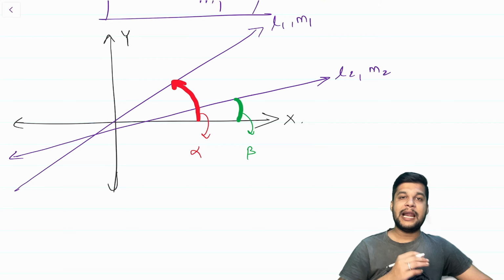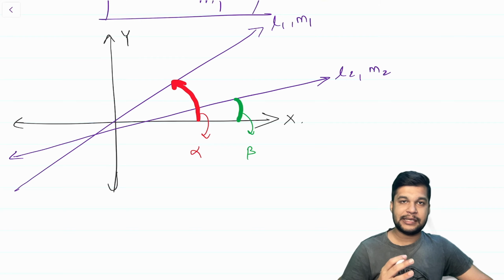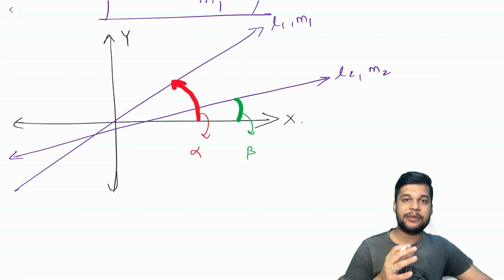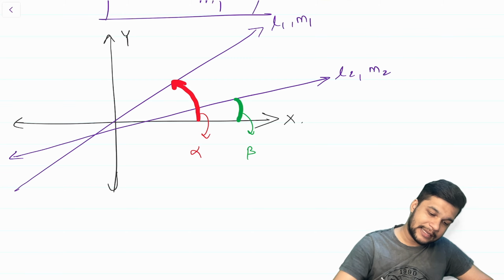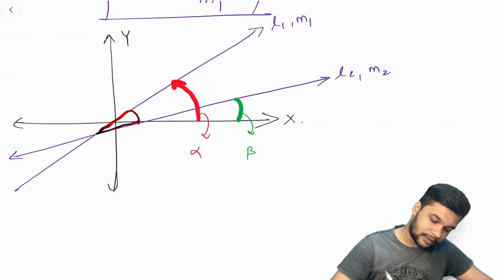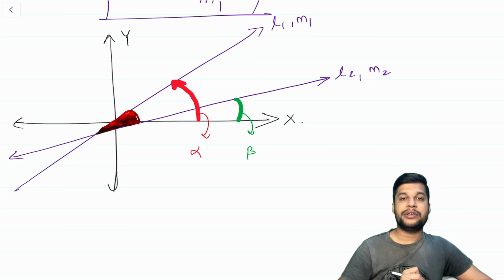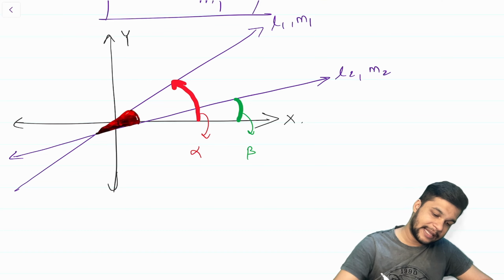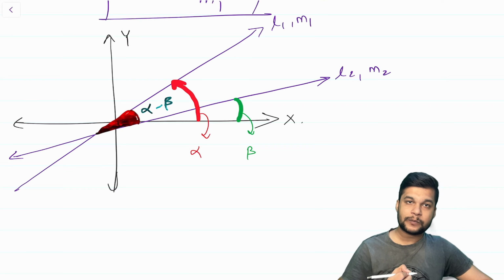Okay, so from this diagram, can I say alpha minus beta will be the angle between two lines? Can I say this angle over here is nothing but alpha minus beta? Yes, I can say that. So this is alpha minus beta, right?